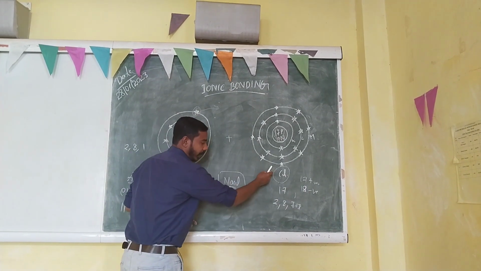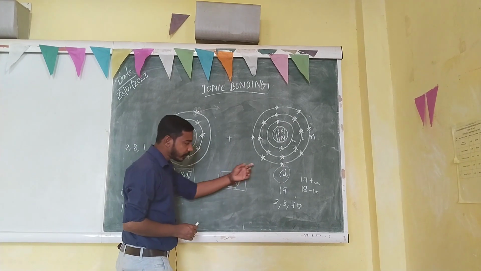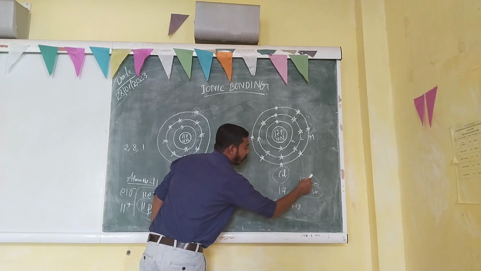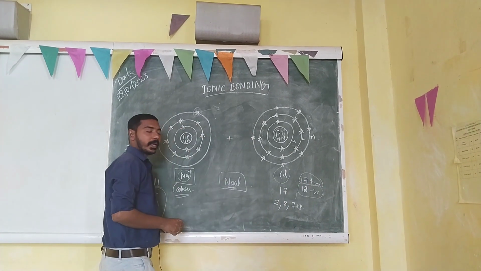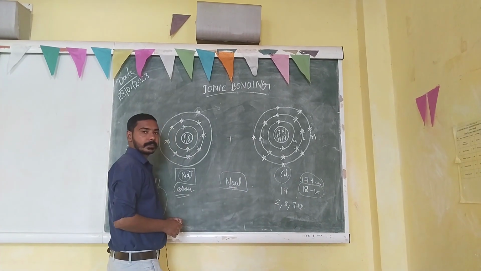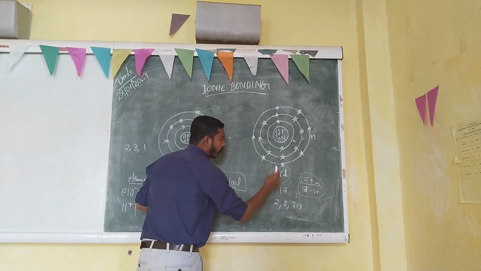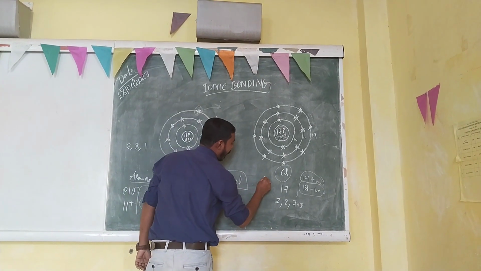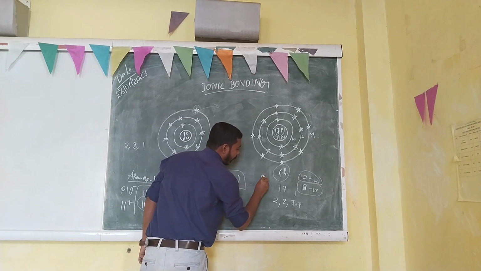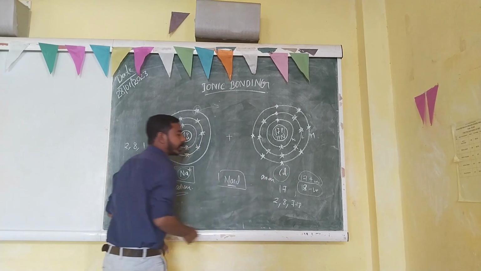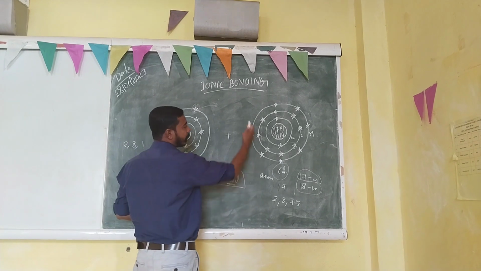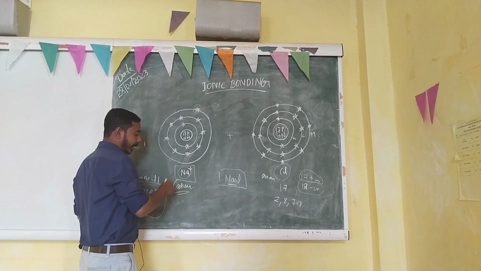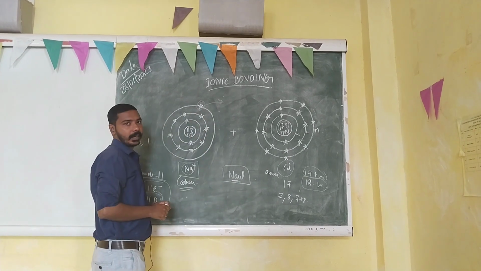So in the case of chlorine, the negative charge is one more compared with the positive charge. So we can say that chlorine, after receiving that electron, is an anion. Sodium is a cation after transferring that electron.